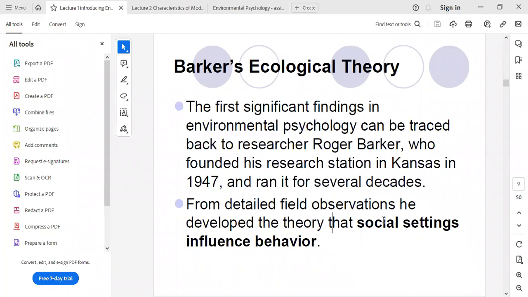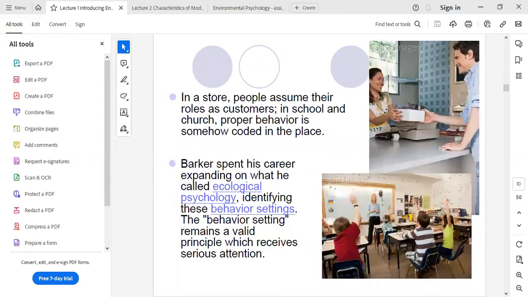So he wrote that social settings influence behavior. For example, in a store, people assume their roles as customers. In school or church, proper behavior is somehow coded in such places. Are we together? I believe we all agree that when we go to hospitals, we tend to have certain behaviors. And for those who are Christians, when you are in church, there's a certain behavior that you possess.